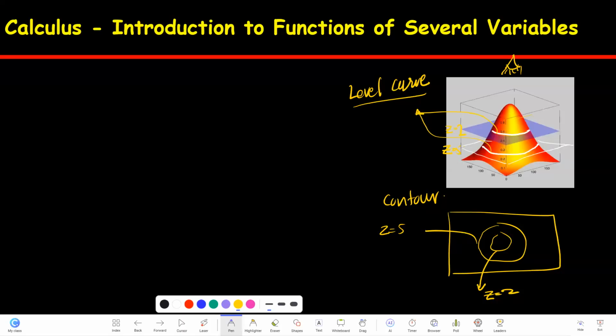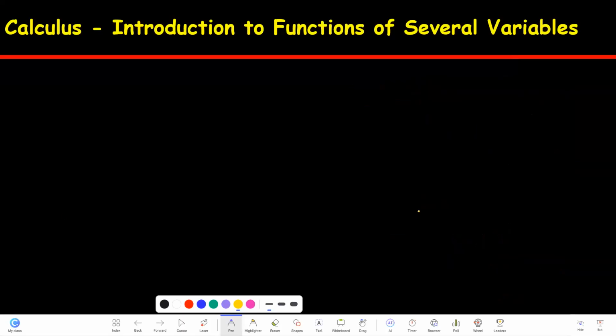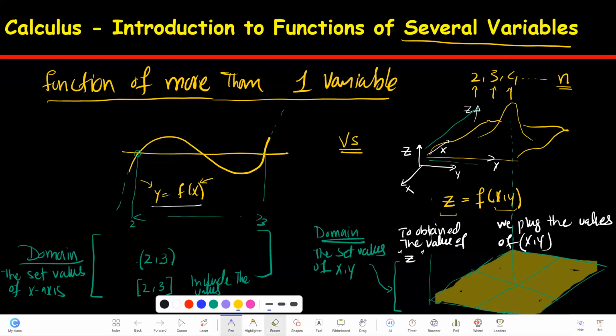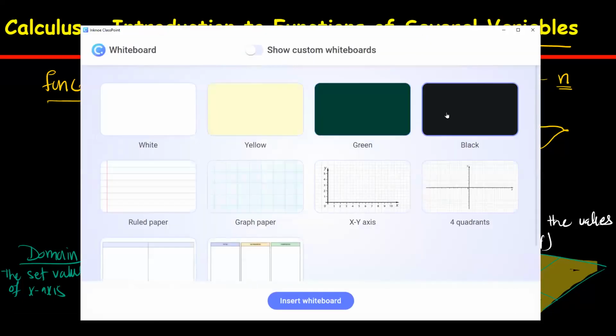If you want to look at the practical application, we can talk about that in a minute, but let's go back and talk about functions of several variables. Here, I'm going to add one more thing real quick. If we have a function of several variables, I'm going to do a vertical line test.